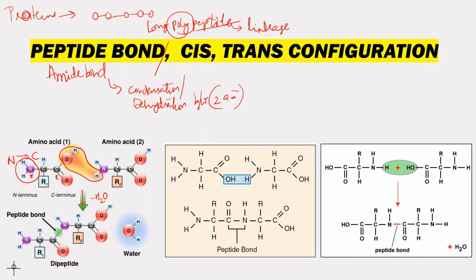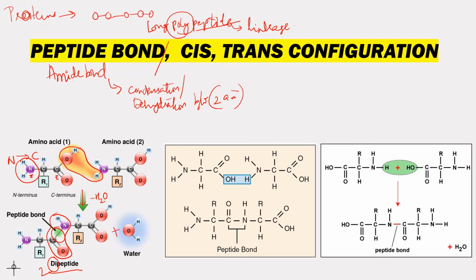So 2 H's and 1 O form a water molecule and leave, because of which there is a condensation reaction and there is joining. This joining between C double bond O and NH is referred to as the peptide bond. Because the peptide bond is formed between two amino acids, this is a dipeptide. Di refers to two amino acids which have a peptide bond, and a water molecule is eliminated.